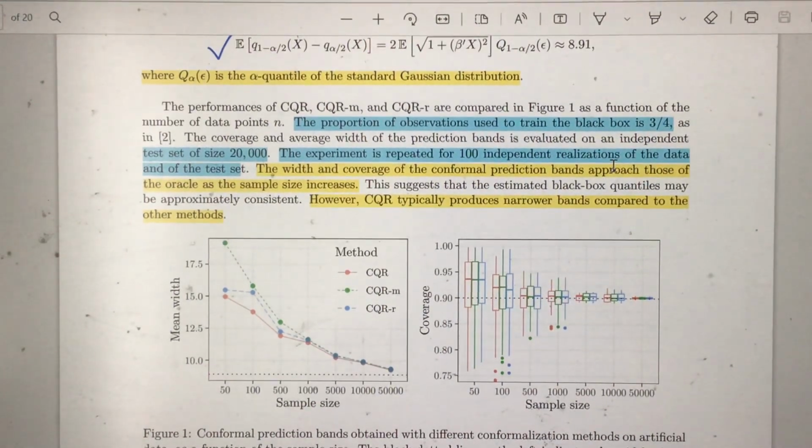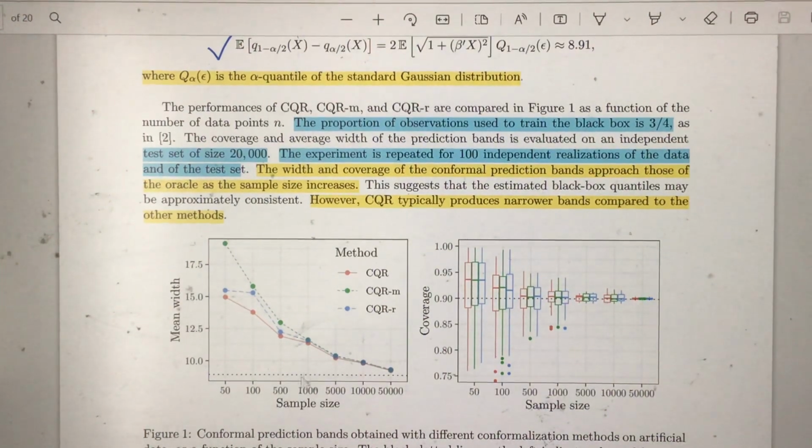We can see that CQR is better than CQRM and CQRR, and CQRR is also a little better than CQRM. For the coverage, the three of them look similar, right? But when the sample size becomes larger, the coverage gets very, very near to 0.9.